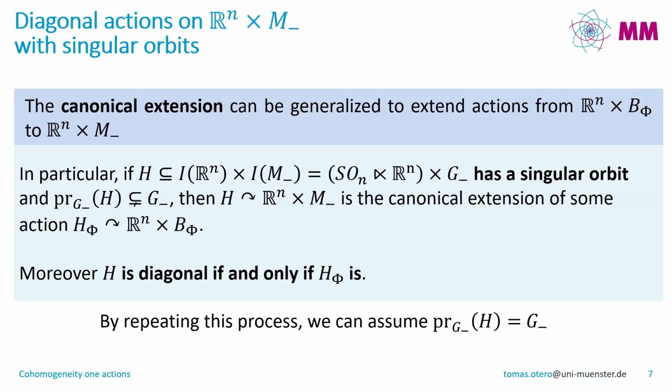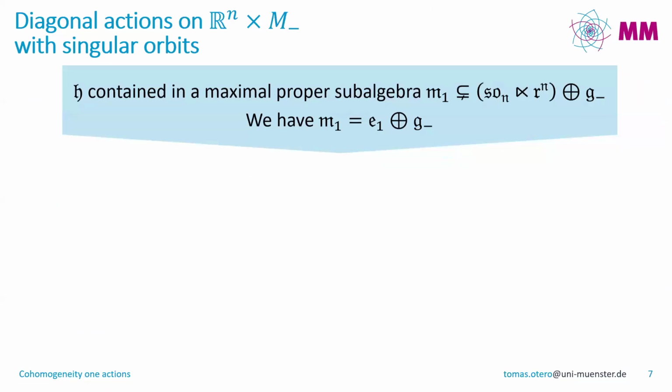So we are able to apply this process recursively to get a very useful assumption, which is that the projection of our group to the isometry group of the non-compact factor is indeed the whole thing. And how do we exploit this? Since our group is not the whole thing, because it acts with cohomogeneity-one, it must be contained in a maximal proper subalgebra of the whole isometry Lie algebra.